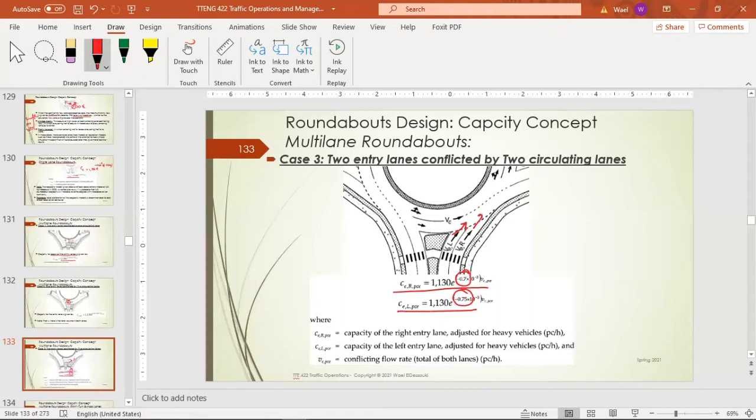Okay, let's check which one gets more. If we have VC equal to 680 passenger cars per hour, can someone calculate this for us, please?